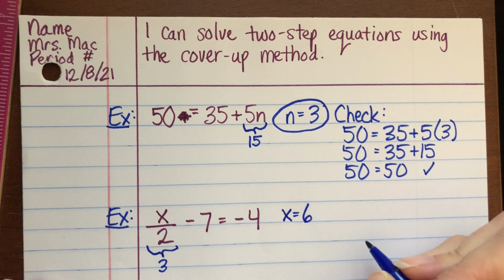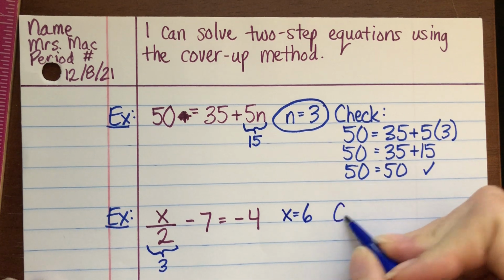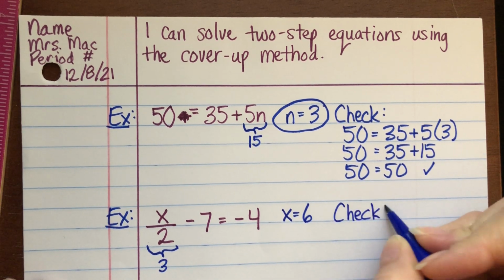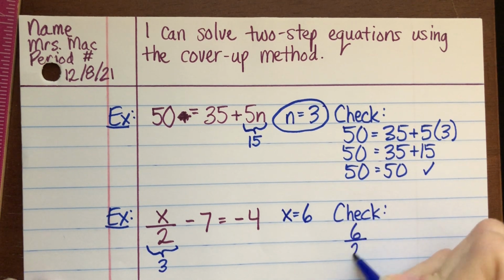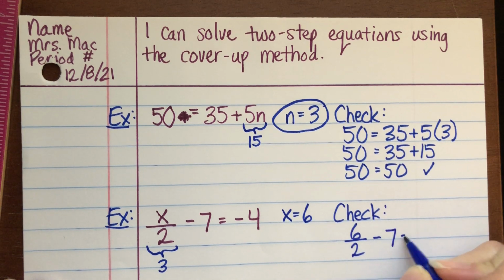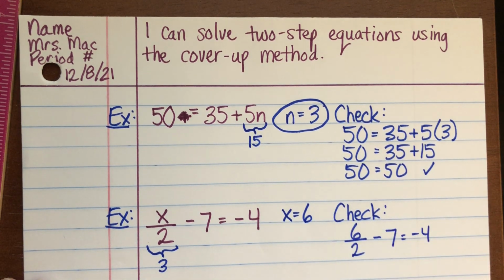Now, like I said, you check every answer. The nice thing about checking your answers is that on a test, you know for sure that you've done it correctly when you check your answers and they work, okay? So all I did is I wrote the equation down and I just put 6 in for x.